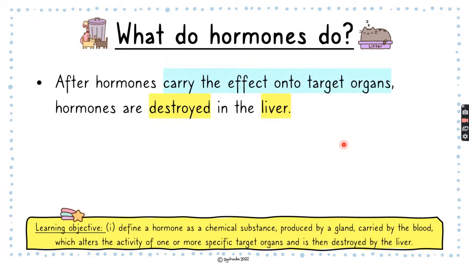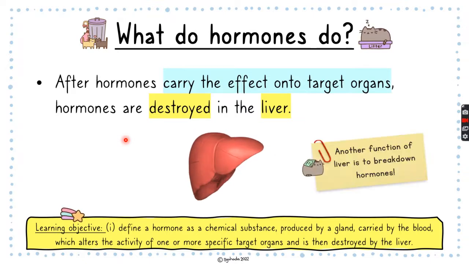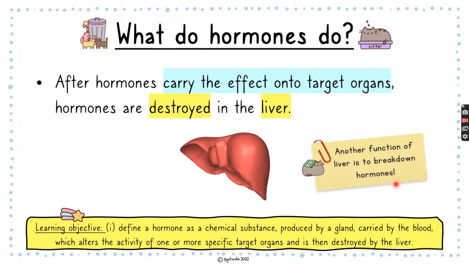So what do hormones do? After hormones are carried to those target organs and have their effect there, hormones are finally destroyed in the liver. That means that they will have no more effect on the target organs. This is another main function of the liver: it metabolizes hormones, which means it breaks them down.